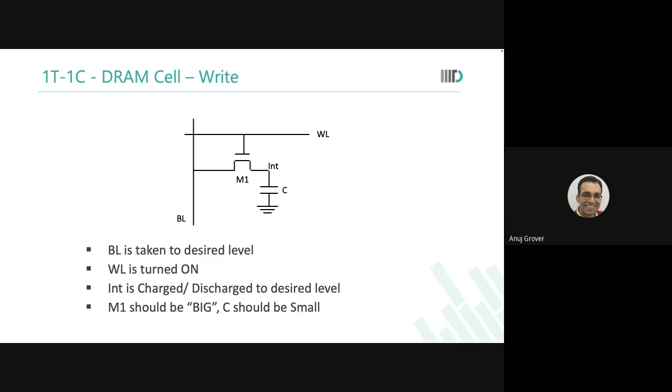I can increase the size of the capacitor. But if I increase the size of the capacitor, what will happen? Area may increase. May increase. For now we are talking about may, okay? The speed may be slower. Maybe. We don't know yet.